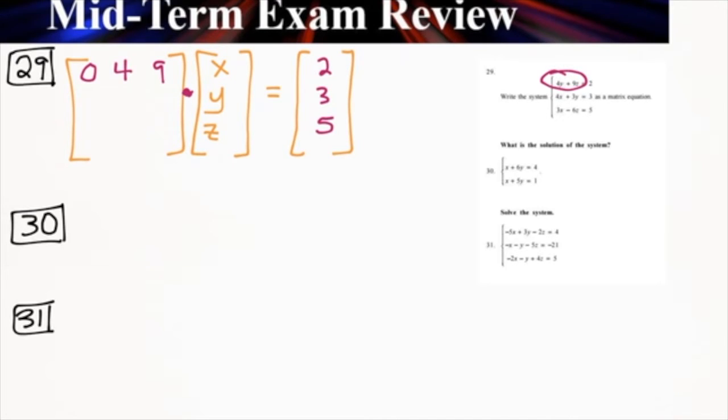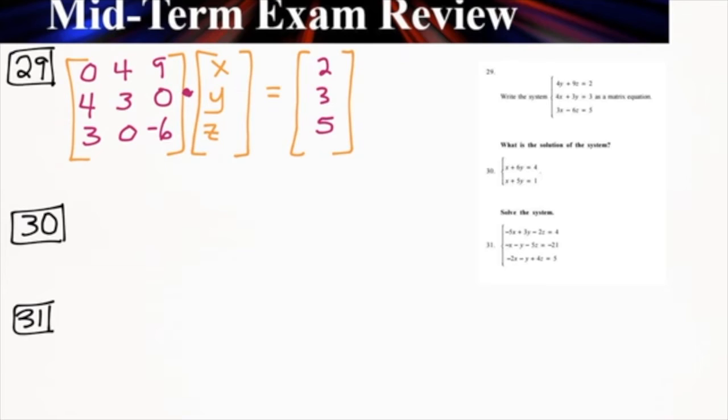The next row is going to be 4, 3, and since there's no z, I'm going to do a 0. The next row, 3x minus 6z, that's going to be a 3, a 0 for the y, and a negative 6 for the z. And that's your answer for number 29.